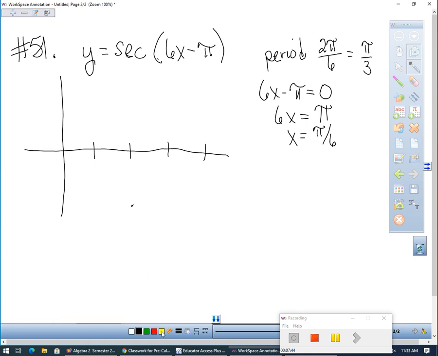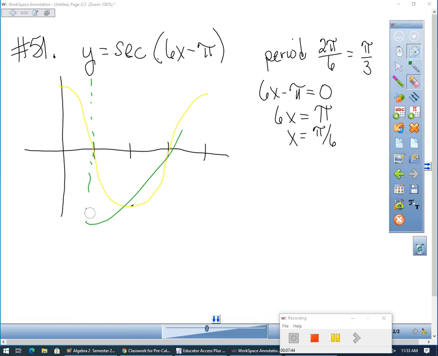So actually, let me put, if it was cosine, let me put that on here. It would start up here, cross through, go to the bottom, cross through, and come up. Well, at those points where it crosses through, those, for a secant, would be our asymptotes. Oops, sorry about that, we would have one over here. Right?